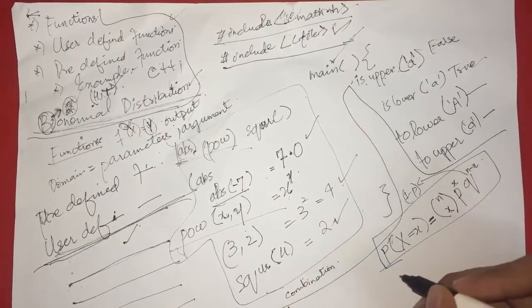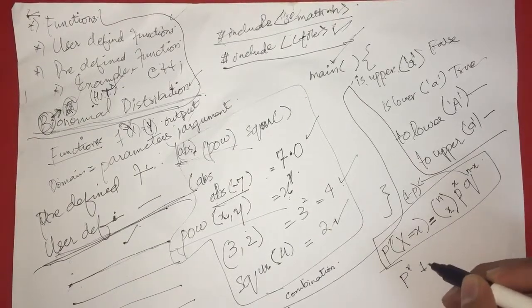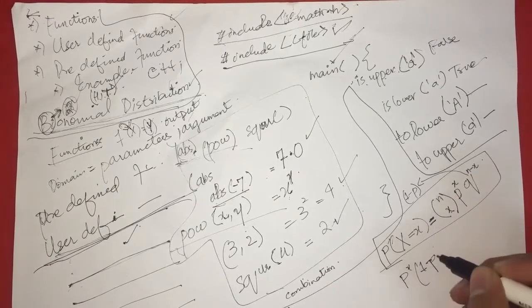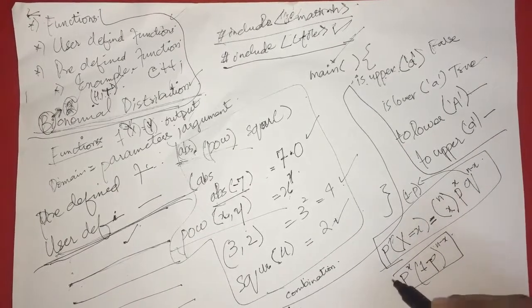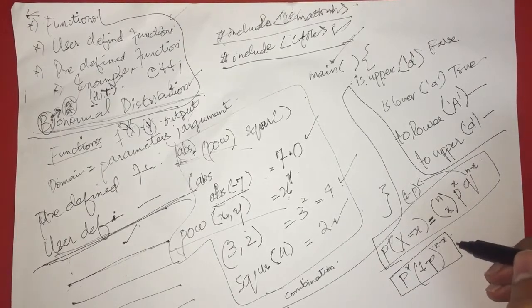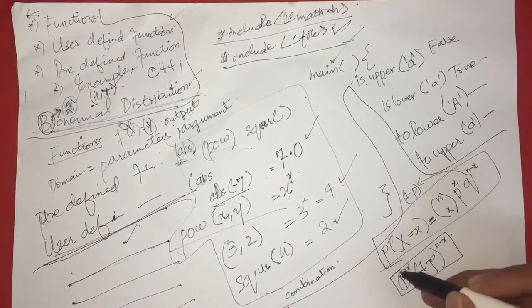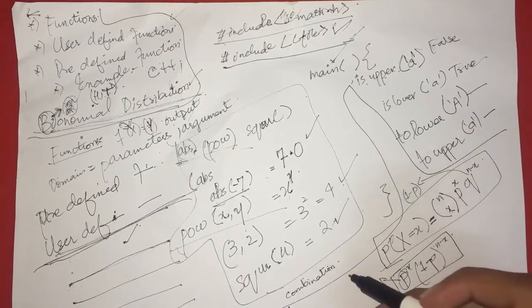You can also write q as 1 minus p, to the power n minus x. What this shows is one ordered arrangement. And p denotes the probability of success.